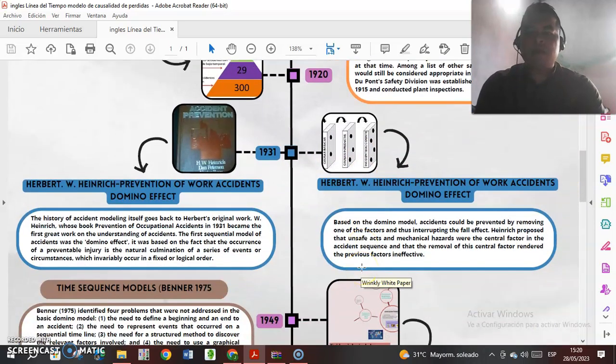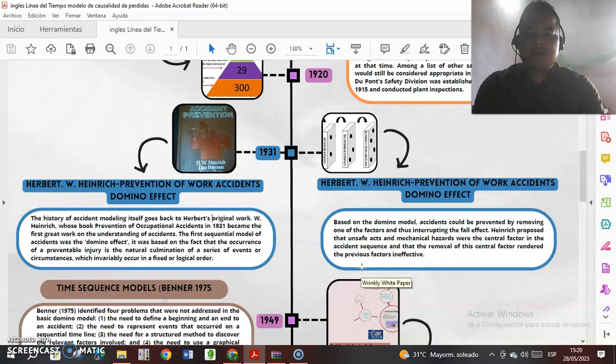The history of accident modeling goes back to Herbert Heinrich's original work. Heinrich's book Prevention of Occupational Accidents, in 1931, became the first guiding work on the understanding of accidents.